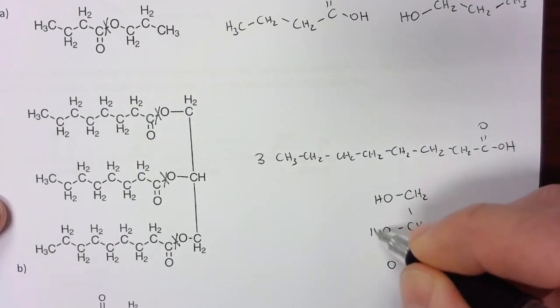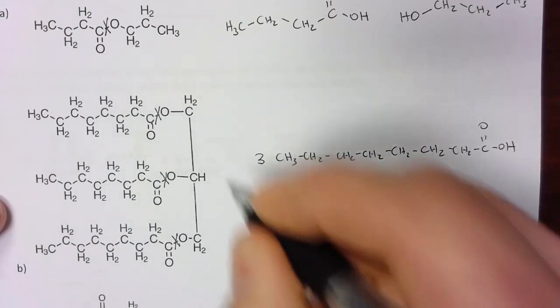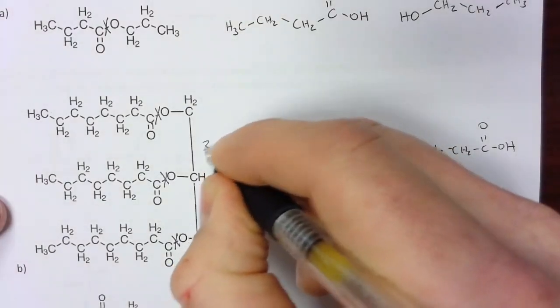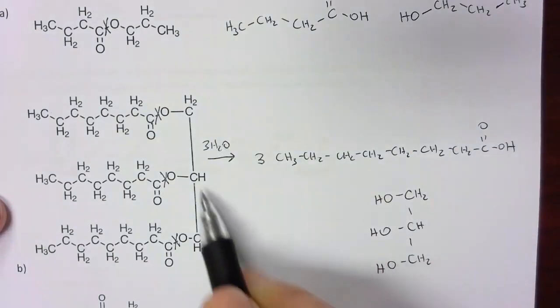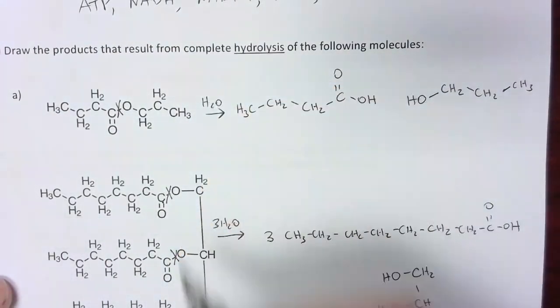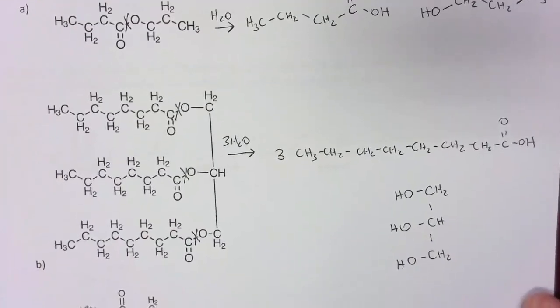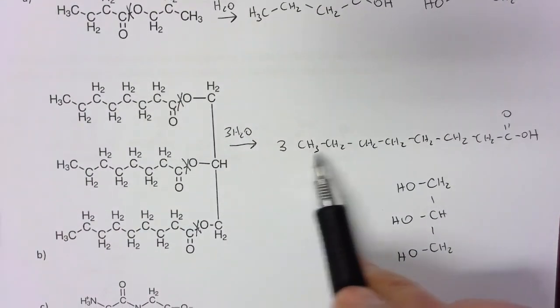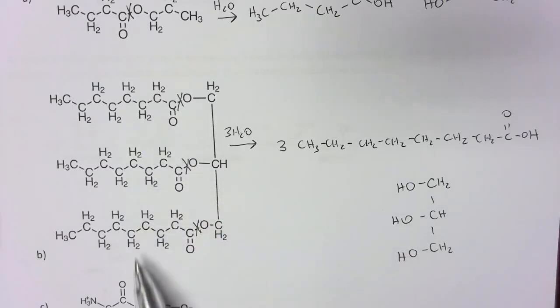So I need to put the H here. And then if I do this fully correctly, I'm going to have 3 waters which are involved here. I guess I didn't put that here. This would be just 1 water involved on that reaction. So 3 molecules. This comes from 1, 2, 3 of these, and they're all the same. So I can do it this way, plus the glycerol.